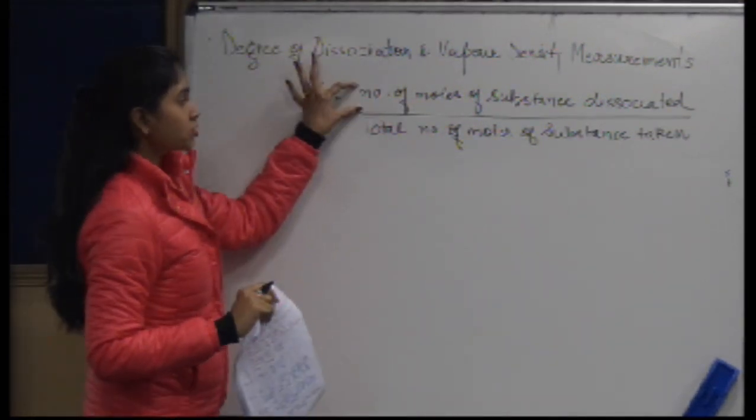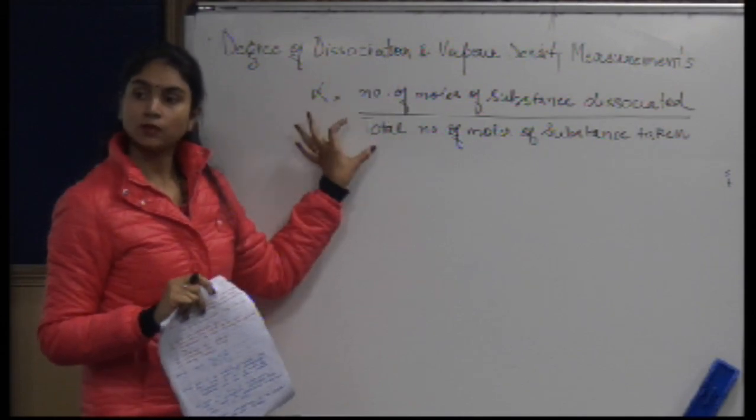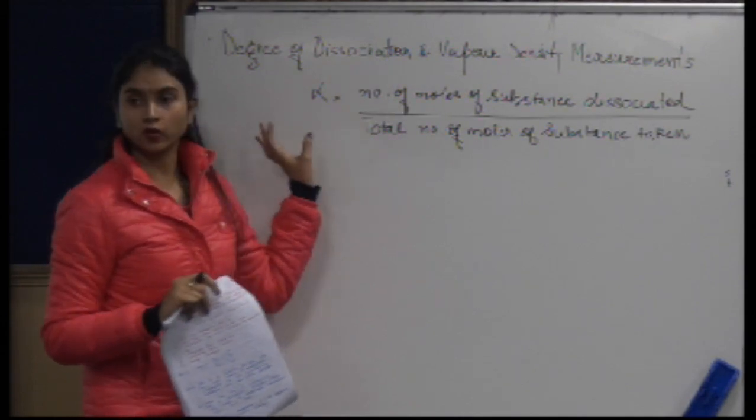This is the number of moles which has dissociated divided by the total amount which you have taken. That is nothing but your degree of dissociation.